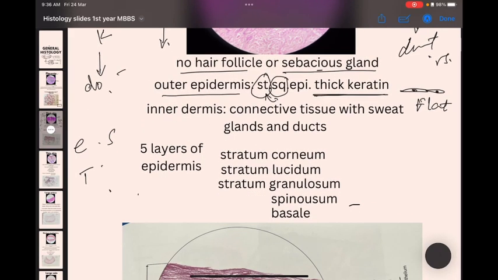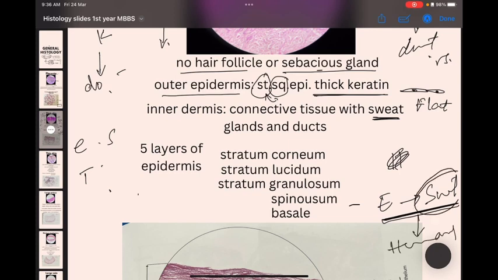The inner dermis contains sweat glands. You have to remember that the entire body has the capacity to sweat. In humans, sweating is possible through the entire body surface.